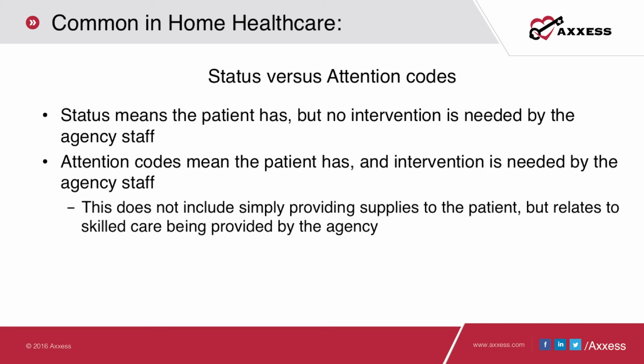If you have a patient who has a tracheostomy, but no intervention is needed by your agency staff, you're going to code a status tracheostomy in that case. Whereas an attention code means the patient has the tracheostomy and intervention is needed by the agency staff. So maybe you're doing trach care in this case, and in the other case, status, the patient already knows how to do his own trach care and is doing that daily.